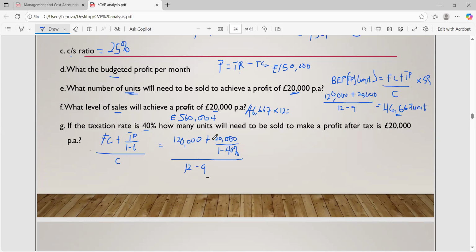So 120,000 plus 20,000 over 140,000, 1 over 1 minus 40%. Whatever answer that you get, you add it to this, and then you finally divide by 3, and then you have your final answer. So I'm leaving a final answer for you to determine.